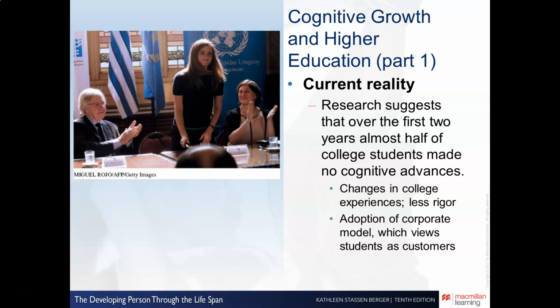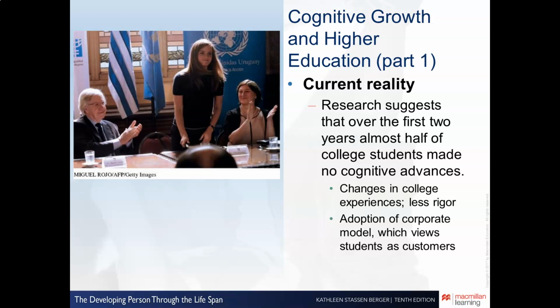Now we're going to continue on and talk about cognitive growth. They've determined that, regarding higher education, over the first couple of years college students generally don't make substantial cognitive advances. That usually occurs later on in college.